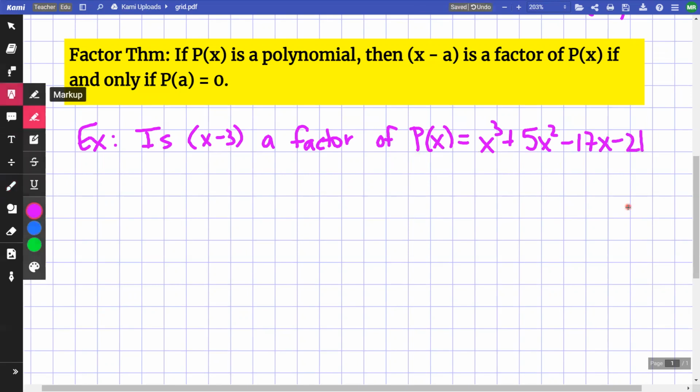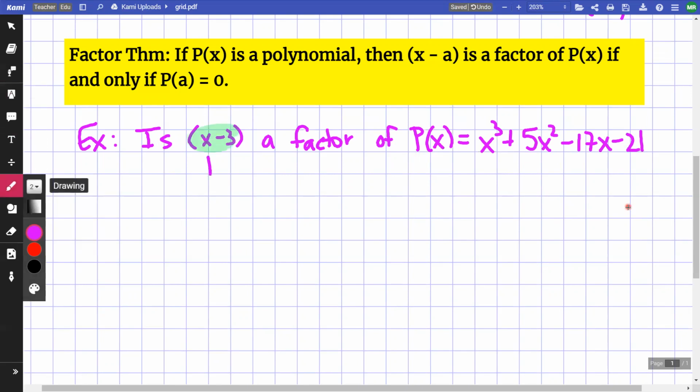So I want to look at this factor and go, okay, what is going to make that 0? Not negative 3, positive 3 is going to make that 0. So I'm going to do synthetic division with a positive 3.